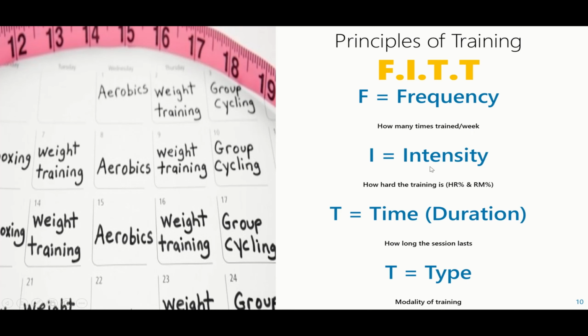Intensity, we've already spoken at length about this when we've been speaking about the individual components of fitness. This is essentially how hard we train, and the easiest way to measure this from an aerobic standpoint is heart rate percentages. As we mentioned before, we work out our maximum heart rate and then the zones in which we're working, and therefore the heart rate percentages we're working at.